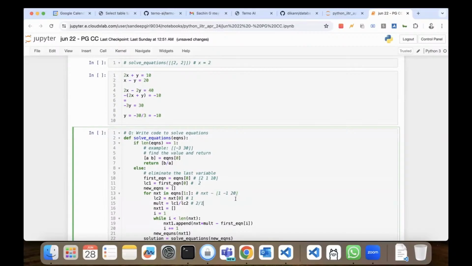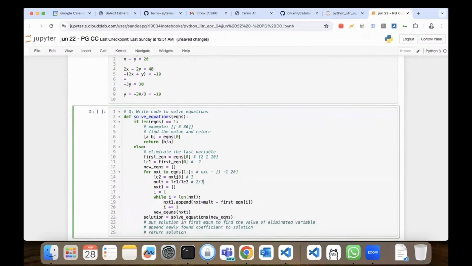And what I'm trying to do is, I'm saying pick the first variable, that is 1. Then I'm saying multiplier is equal to LC1 divided by LC2. LC1 is 2 and LC2 is how much? 1. So 2 divided by 1. I'm going to multiply with this number the whole equation.